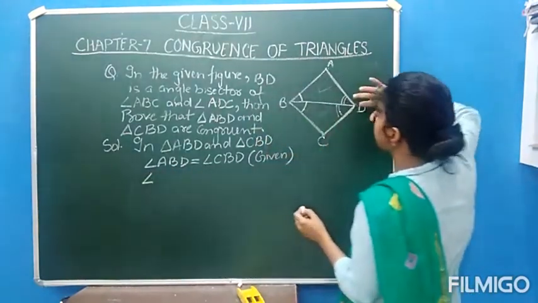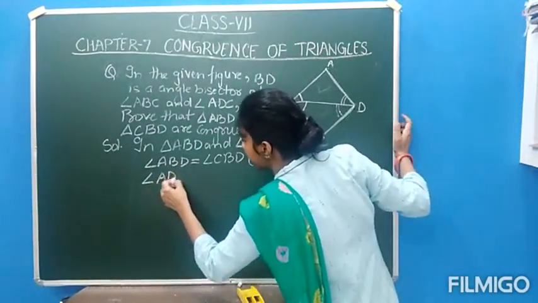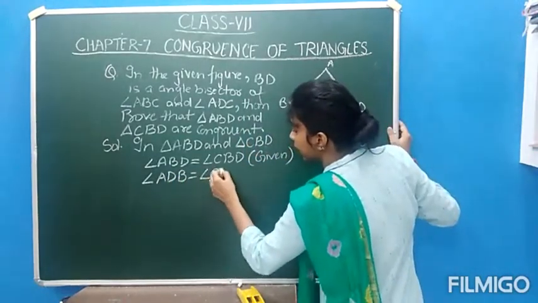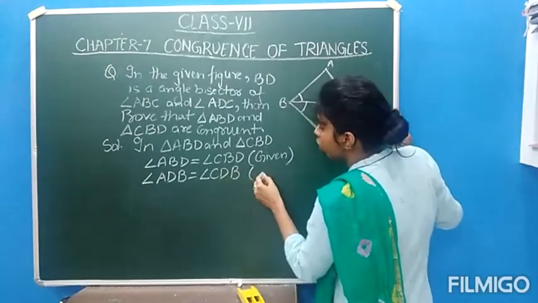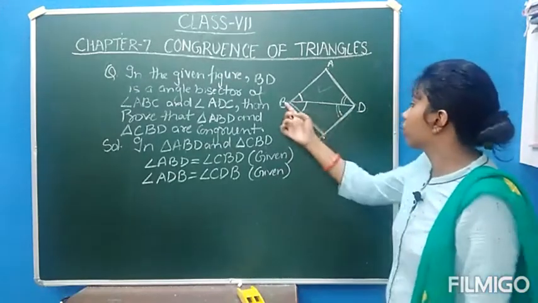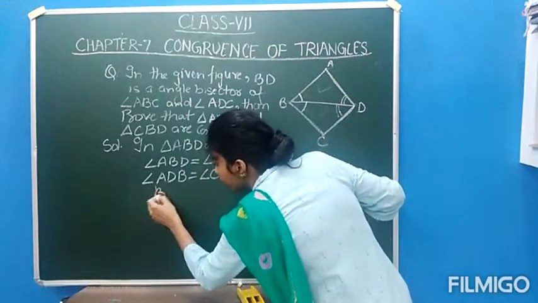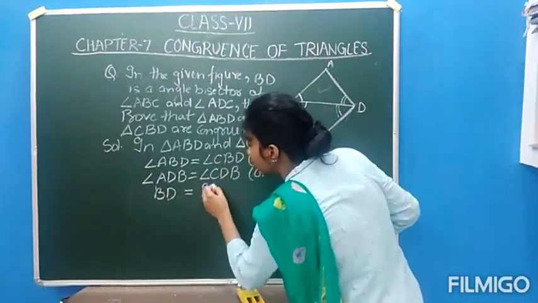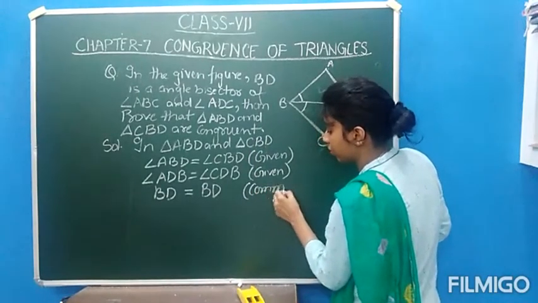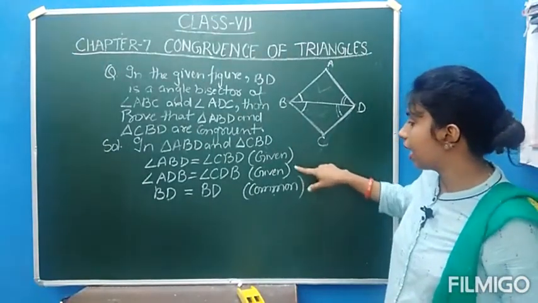Similarly, BD is the bisector of this angle, so it is given that angle ADB is equal to angle CDB. It is also given. Now the side between these two angles, BD is equal to BD. How? It is common. Now we have three things: angle, side, angle.